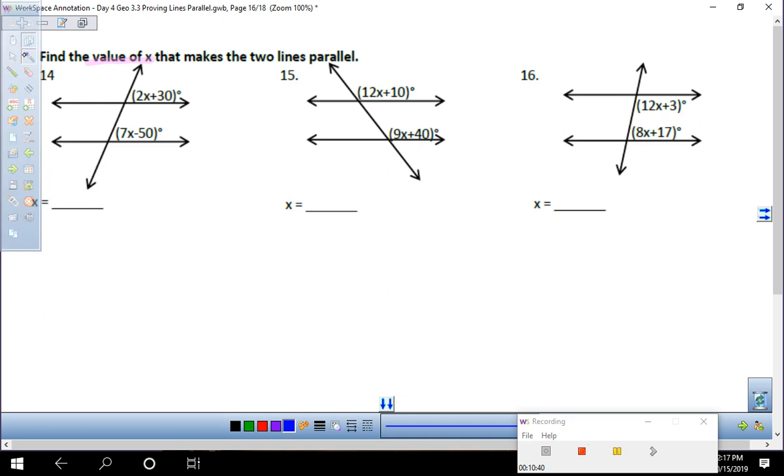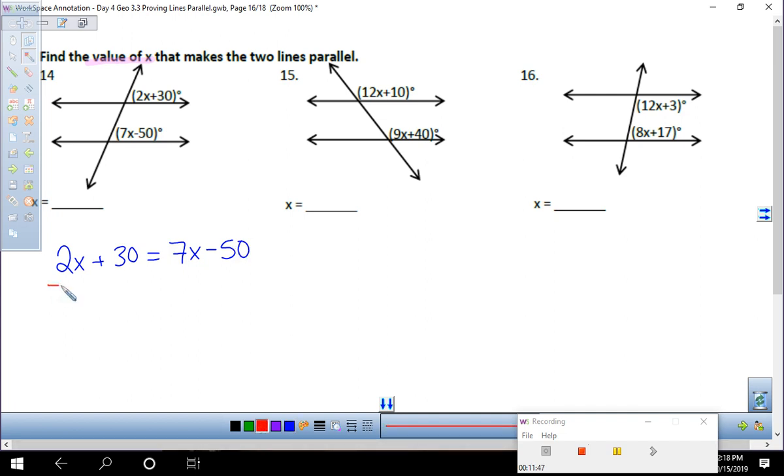So looking at number 14, I've got 2x plus 30 and 7x minus 50. So when I look at those angles appear to be in the same position, which means they're corresponding, and I know corresponding angles are congruent. So 2x plus 30, I'm going to set equal to 7x minus 50.